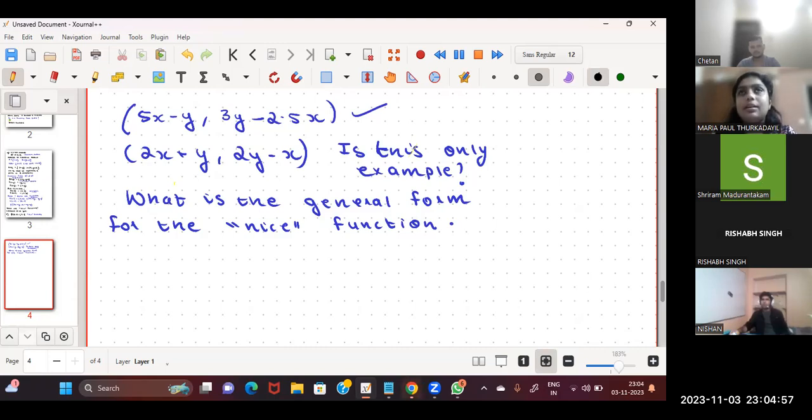See, y equal to mx is not the correct answer, because y equal to mx is the equation of a line. We're just asking for the form of a function. Let me clarify one thing. There is a difference between an equation and an expression. What we have here are not equations.